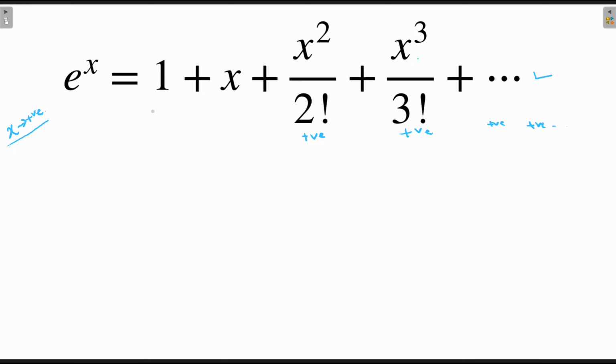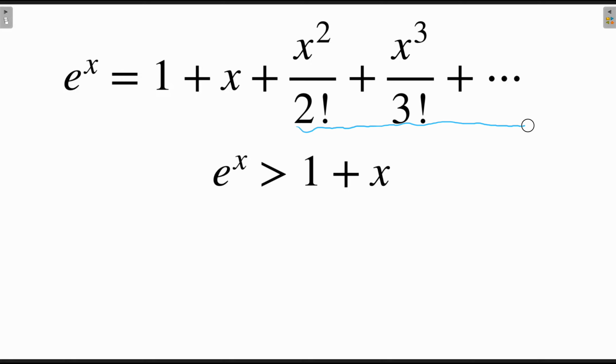Now, from the expression of e to the power x, if we just remove all these positive parts, then we should get e to the power x bigger than 1 plus x, because we have removed terms from what was earlier an equality. So the right hand side must be less.